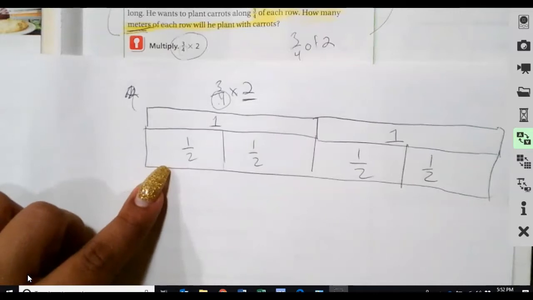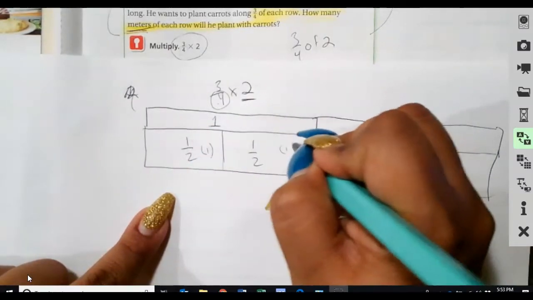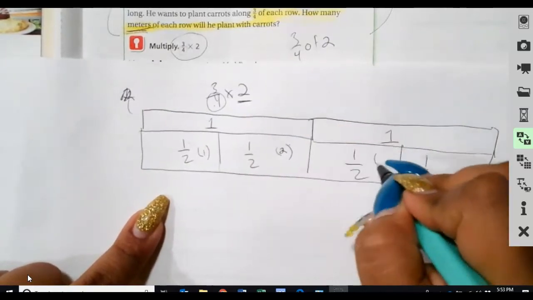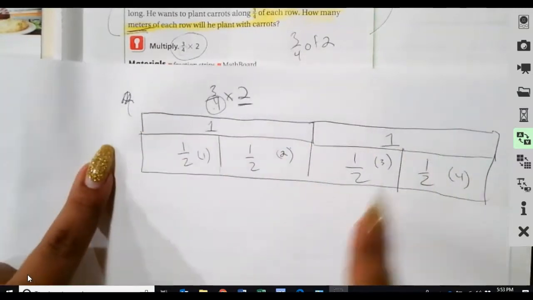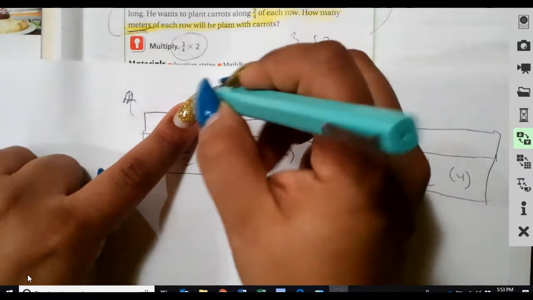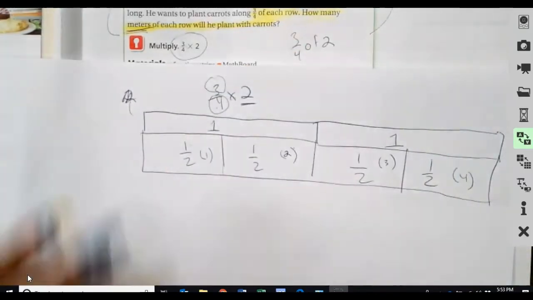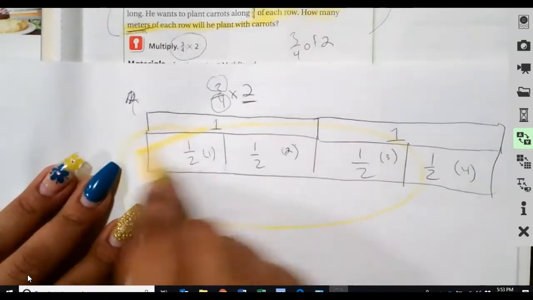Let me just put the numbers here. This is part 1, part 2, part 3, part 4, right? Because I divided my whole group into 4. That's my denominator. And I'm going to circle 3 because that's my numerator. So I'm going to do that. Circle it or highlight it.